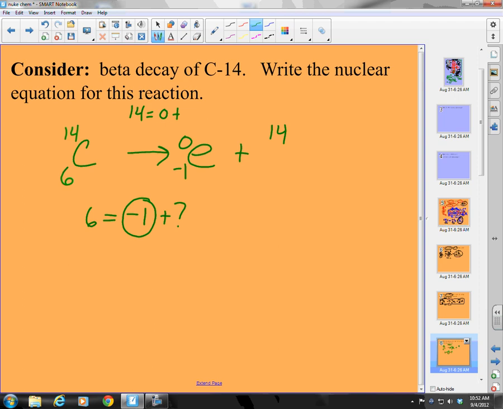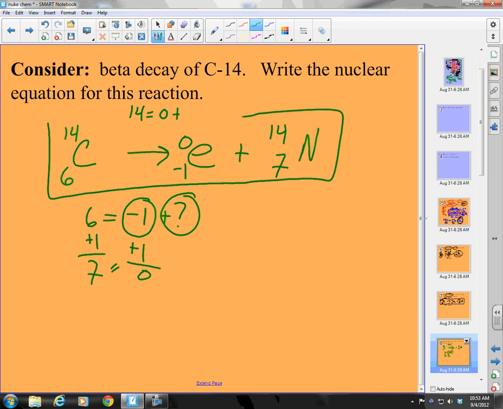How do I get that -1 on the other side? I add +1 to both sides, right? So that becomes 0, that becomes 7. So my question mark is equal to 7. 14, 7, look on the periodic table. 7, what do I have? Nitrogen. So here is my nuclear equation that represents the beta decay of carbon-14.